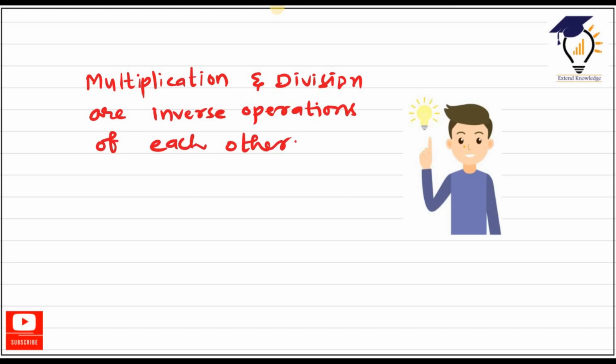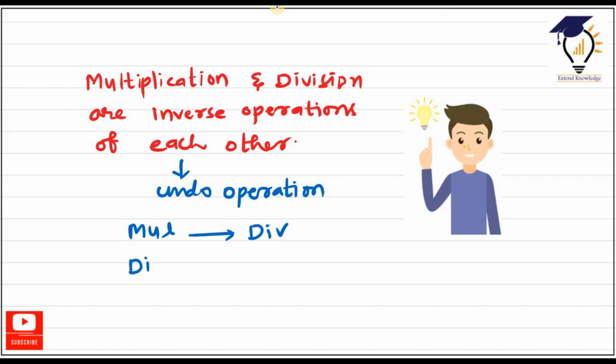What it means is, as I said, we call those undo operations. Where we want to undo the operation of multiplication, we have to divide with the opposite number. When we have a division operation, then we have to use the undo operation of multiplication to solve the equations. So these we are going to use in solving the linear equation.